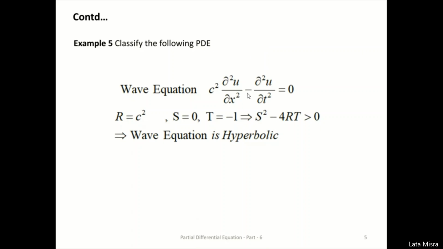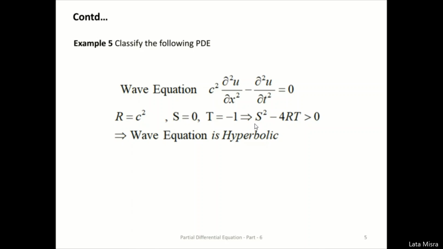Now again we have an example: classify the following partial differential equation, which is the wave equation, c square del 2u by del x square minus del 2u upon del t square equal to 0. Here we see r is equal to c square, s is 0 and t is equal to minus 1.